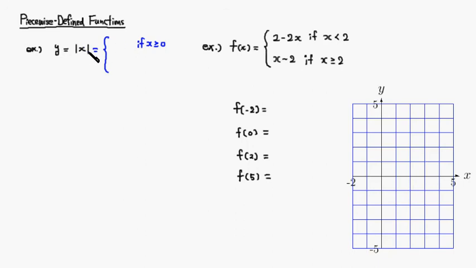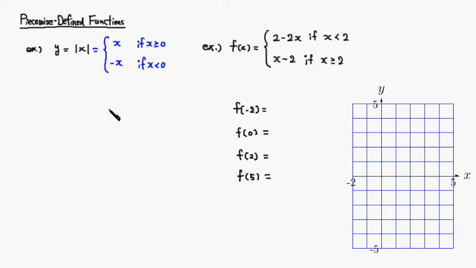So absolute value of x is exactly the same thing as just x if x is non-negative. But if x happens to be negative, what the absolute value sign does is negate it so that it becomes positive. So it's going to be negative x.